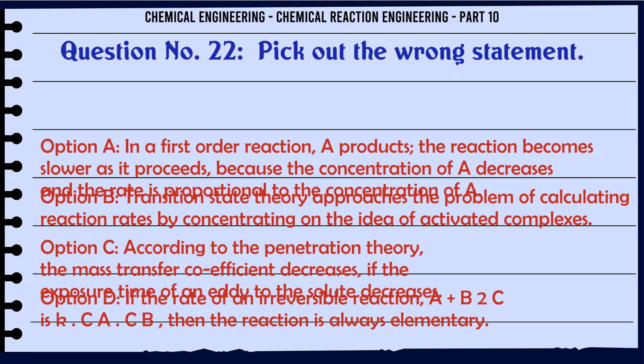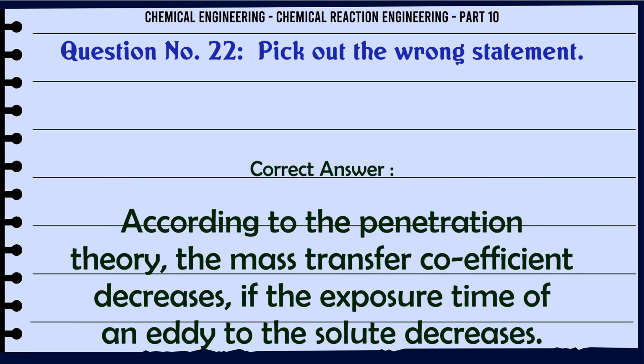C. According to the penetration theory, the mass transfer coefficient decreases if the exposure time of an eddy to the solute decreases. D. If the rate of an irreversible reaction A + B → 2C is k C_A C_B, then the reaction is always elementary. The correct answer is: according to the penetration theory, the mass transfer coefficient decreases if the exposure time of an eddy to the solute decreases.